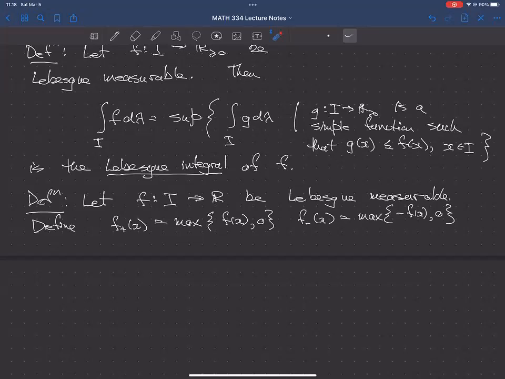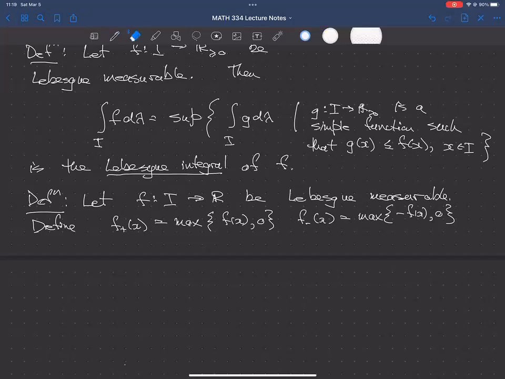This follows from properties of measurable functions that I'm not going to outline here. Measurable functions are very flexible in the sense that they're closed under many different kinds of operations, including taking sups and infs like I'm doing here.